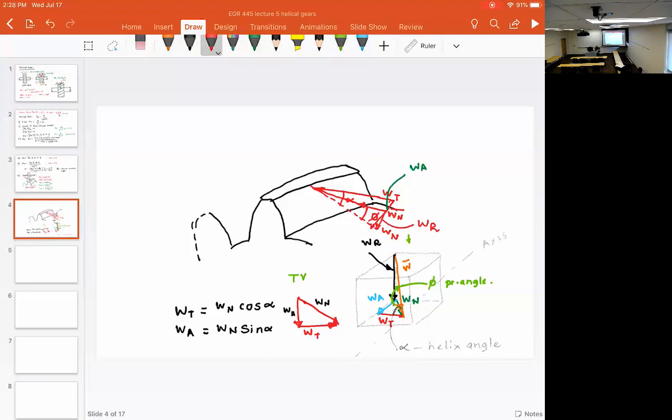You would see Wn, Wn prime, and Wr, where this angle is the pressure angle, and this angle is the helix angle. Everybody with me so far?